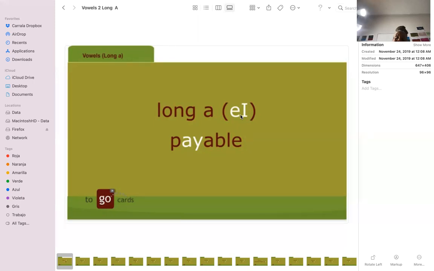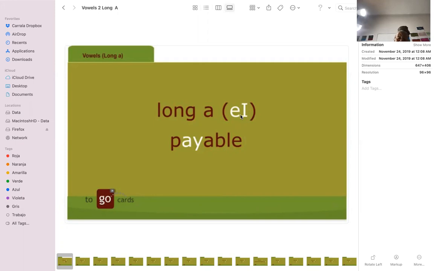The long A sound, if you're looking at the phonetic alphabet, is represented by these two letters, the E and the uppercase I.